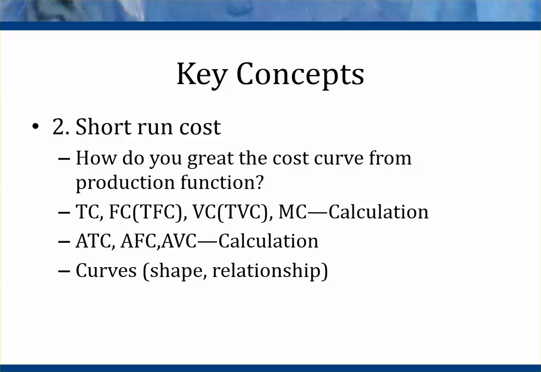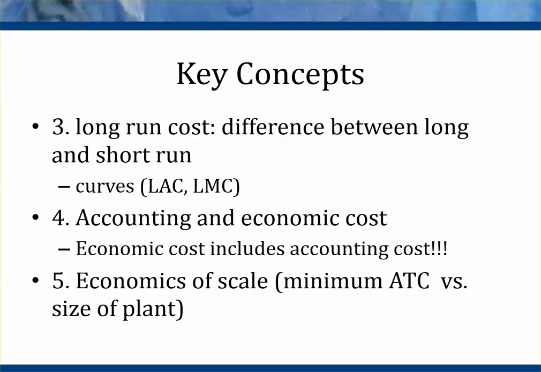And we want to know the curves corresponding to the different costs. And the magical thing is, once you know one cost, you can know the rest of them by doing certain calculations. And the third concept we will learn is long run cost.